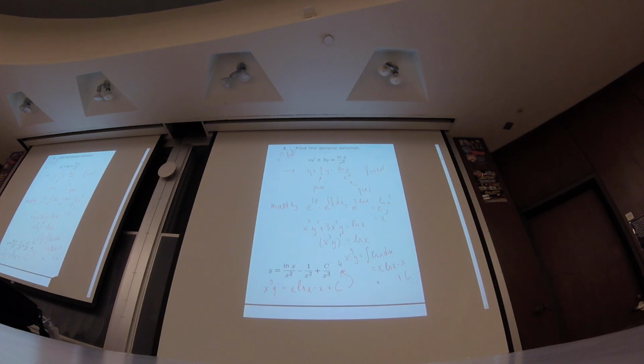Yes? Could you explain again the part where it's the parentheses, x cubed y, and then the right? Okay. So I multiplied by x cubed, right? Write it down again.